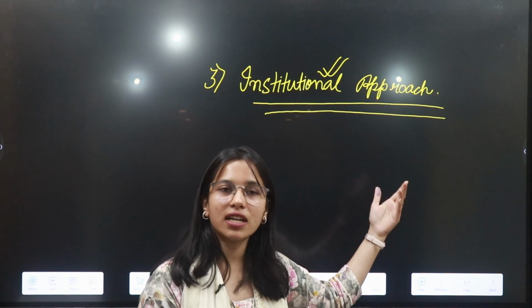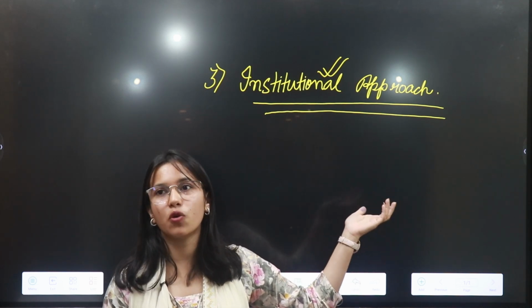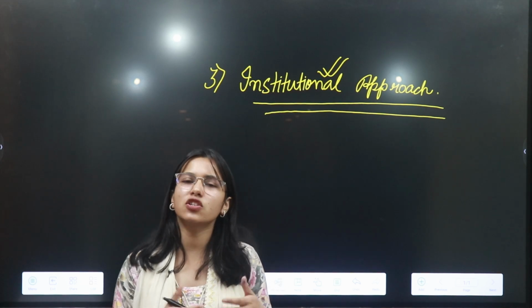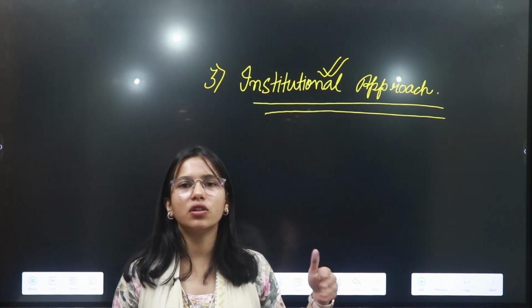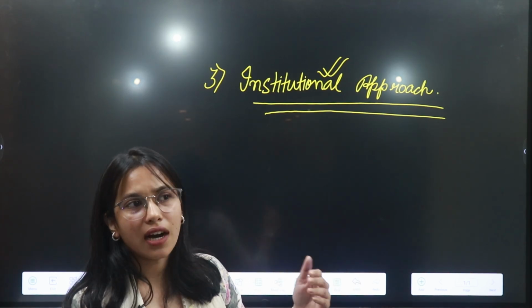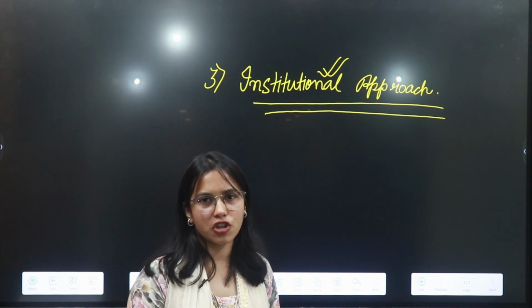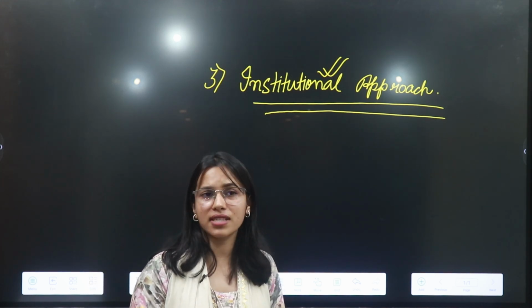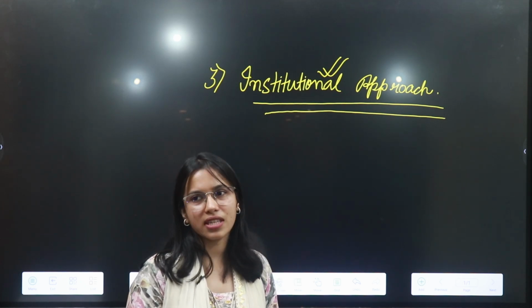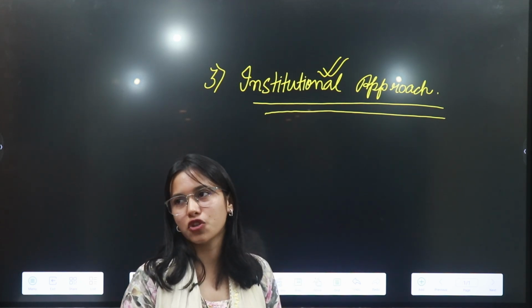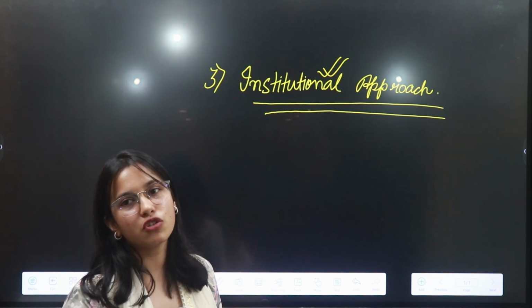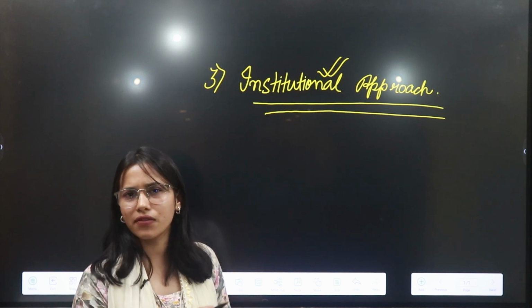We ignore those factors and we consider only the institutions, such as the High Court, Supreme Court, Parliament, Lok Sabha, Rajya Sabha. We only study these kinds of institutions and we ignore the individuals, interest groups, pressure groups, whoever, informal or formal, who are influencing these institutions, what kind of decisions these institutions are taking, what results and conclusions they are giving us, the output it is giving, the input that is affecting, everything we ignore.